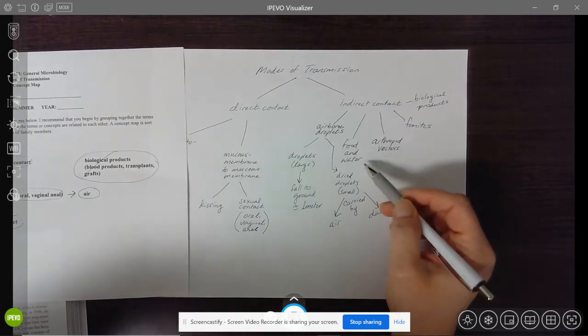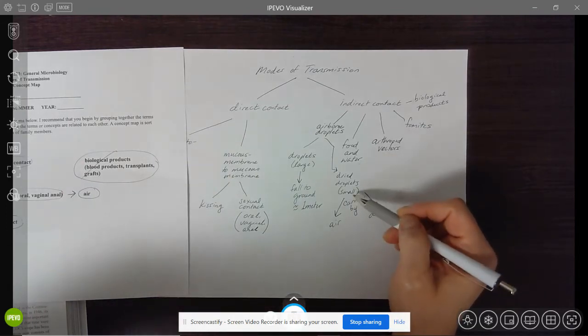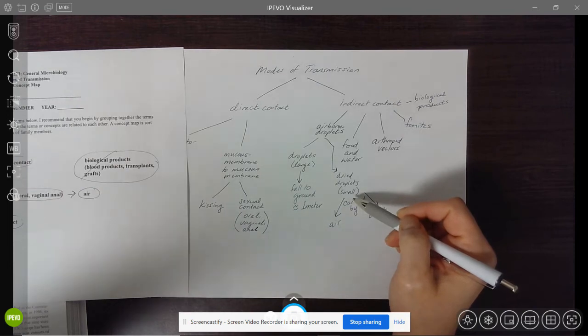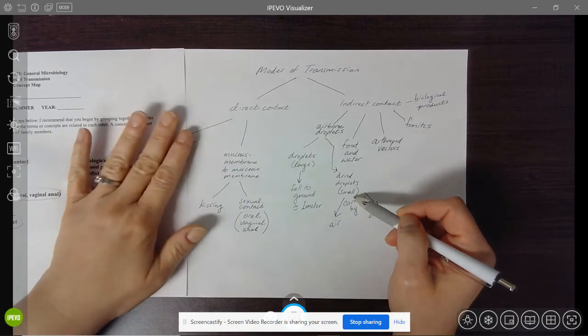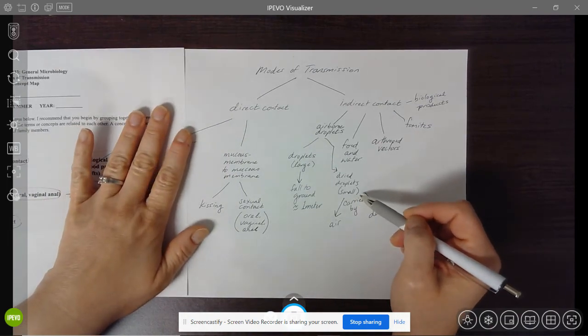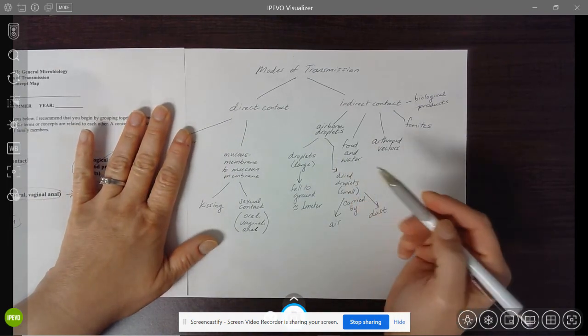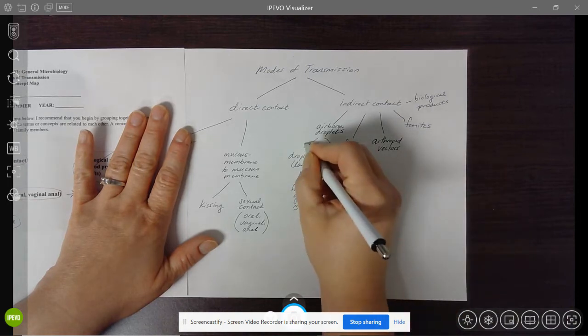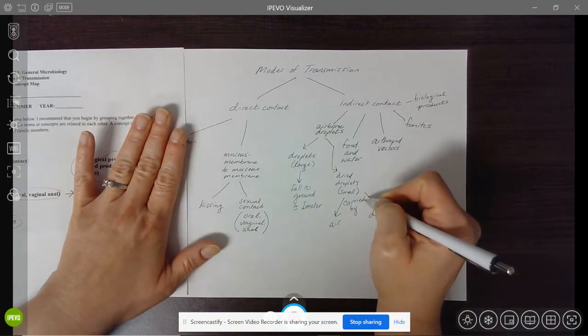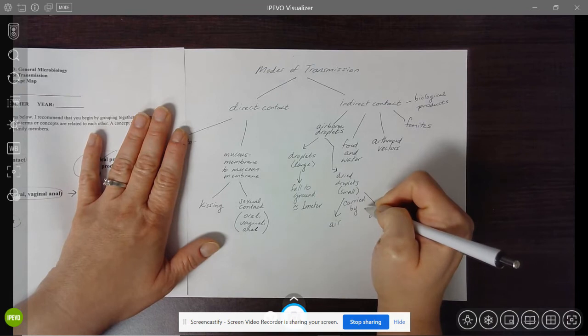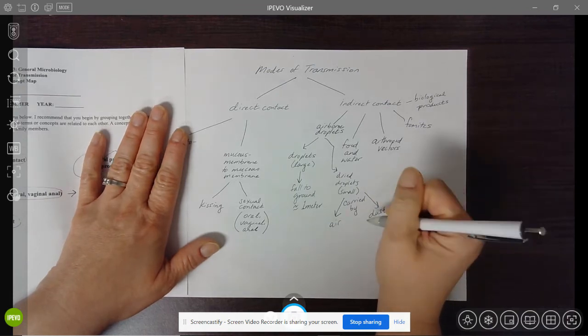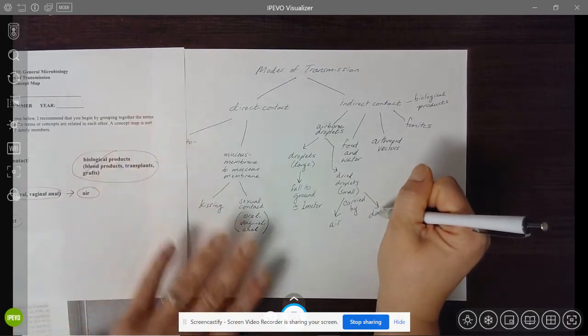The CDC might use these terms differently, and you may not think that it makes much of a difference, but when we talk about COVID-19, it actually does make a very big difference. So I'm pointing it out now to prepare you for that conversation, but just know that not all sources are going to organize these concepts in the same way. This is what your textbook is doing, okay?